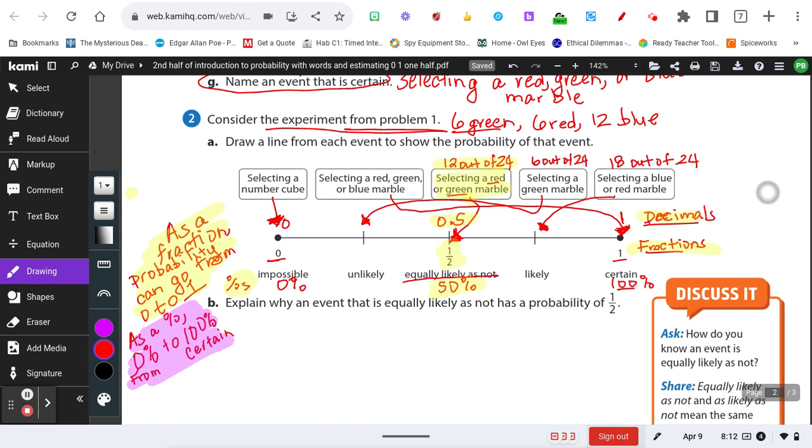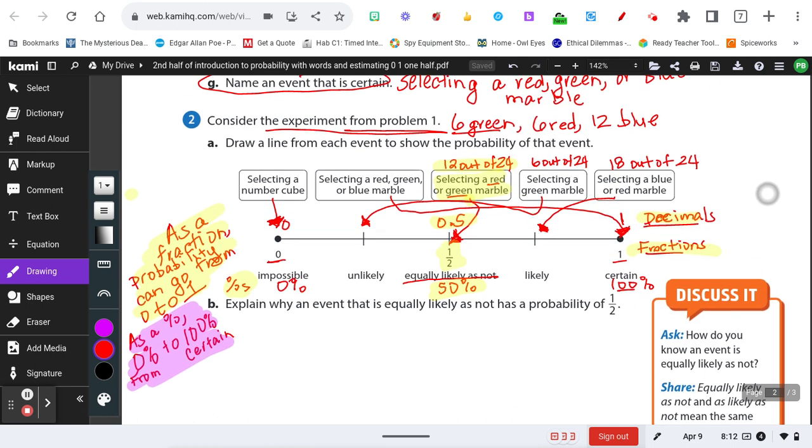B, explain why an event that is equally likely as not has a probability of 1/2. Well, you have the same amount in each one.